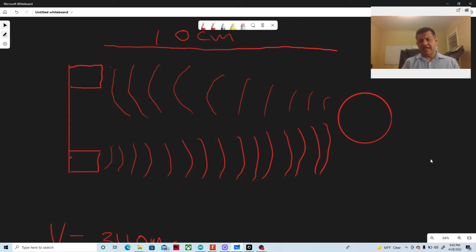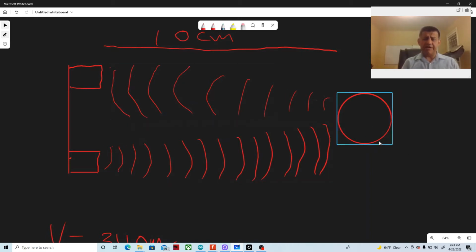We use this number just to do basic calculation, to have a number to write the program on the Arduino IDE. So we put this distance right here, and we assume that this is 10 centimeters away.